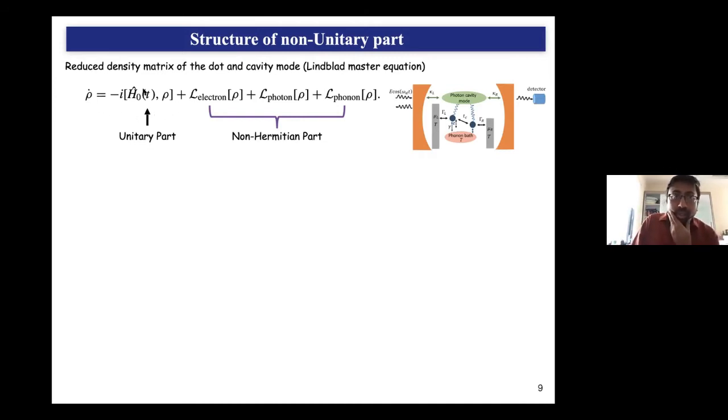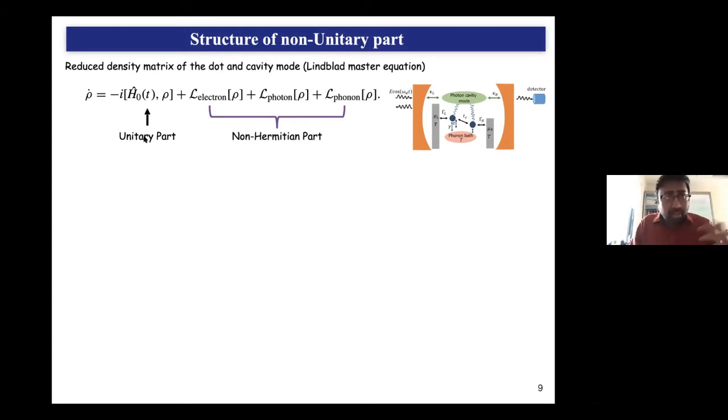It has a unitary part, and this unitary part has a time dependence, and I'll come to that. But otherwise, this H0 involves the cavity and the double quantum dot without the leads. So you basically trace out all the other degrees of freedom that you are not interested in. And that gives rise to these three different dissipators, or Liouvillians, or Lindblad non-Hermitian parts, in the master equation.